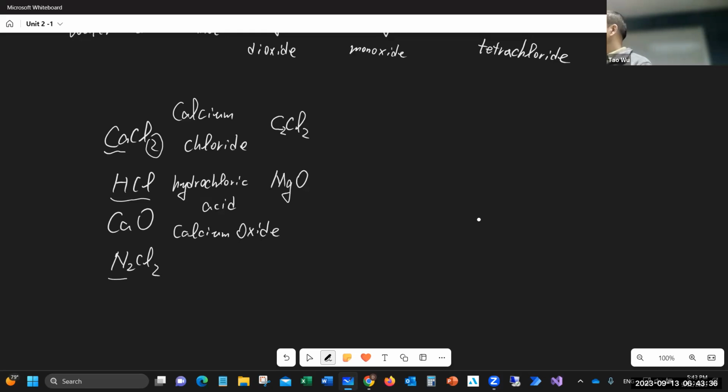Non-metal plus non-metal gives you a molecular compound, so this is dinitrogen dichloride. This one again, carbon, non-metal, chloride, non-metal, so this is dicarbon dichloride.